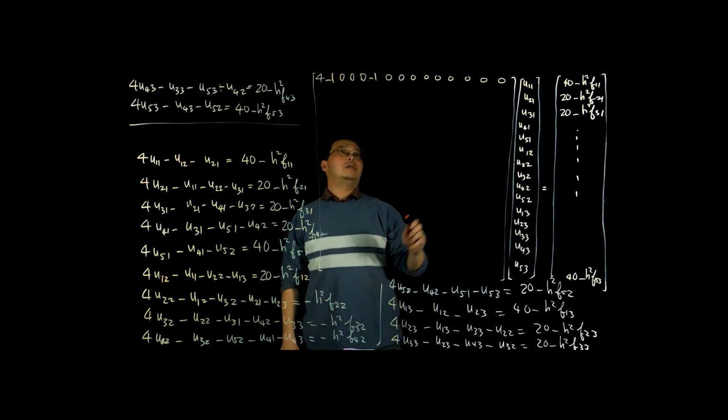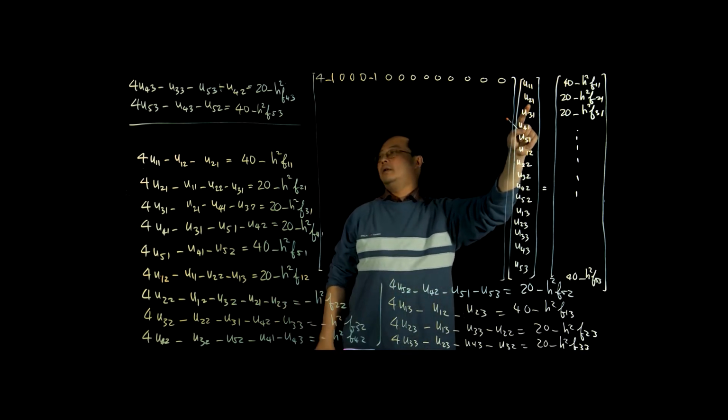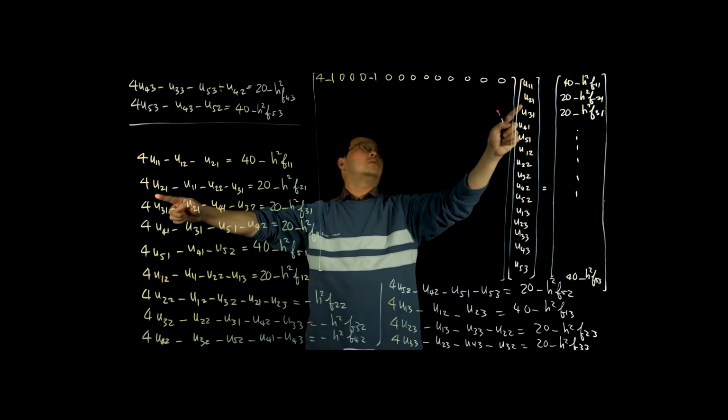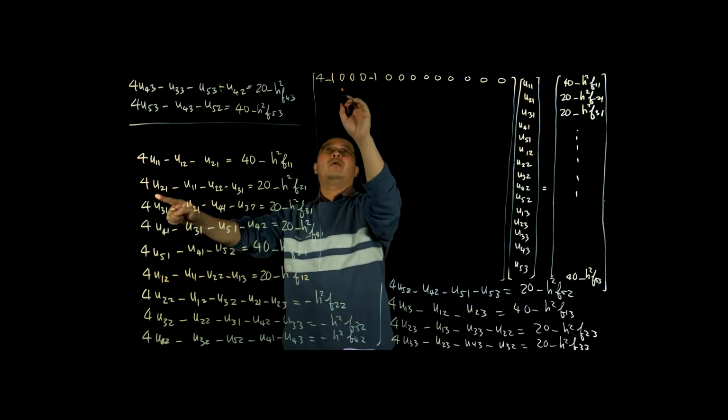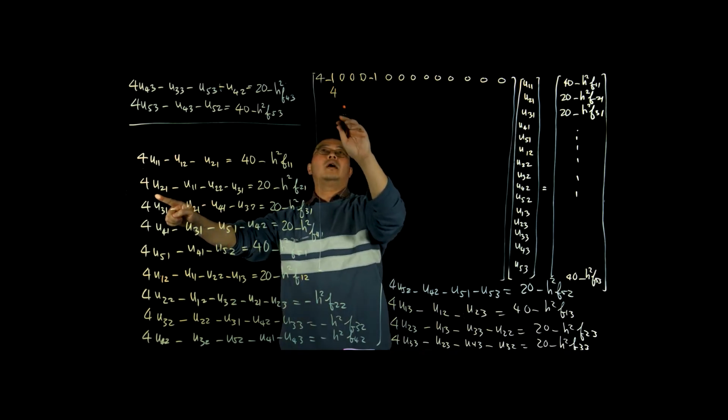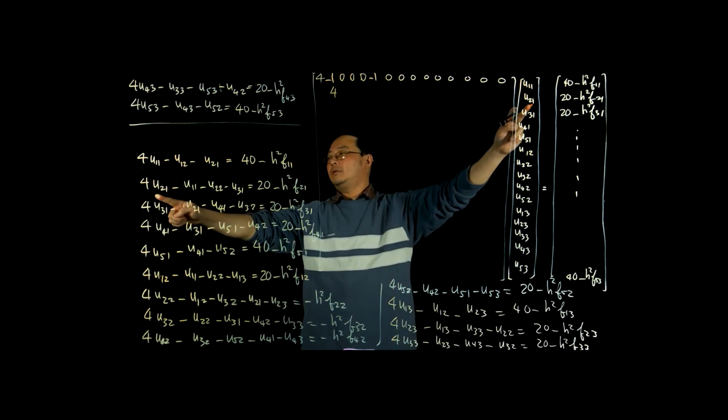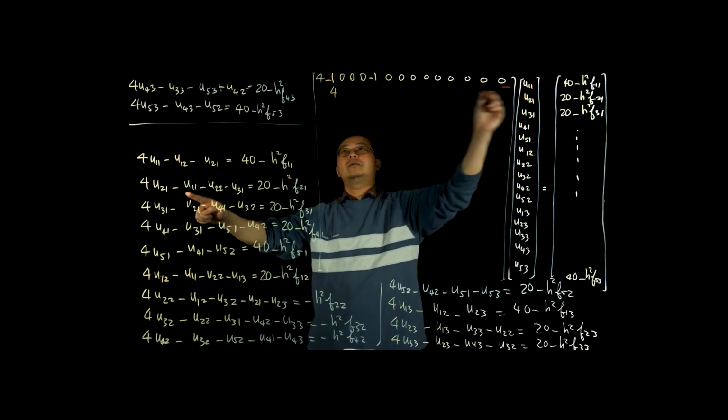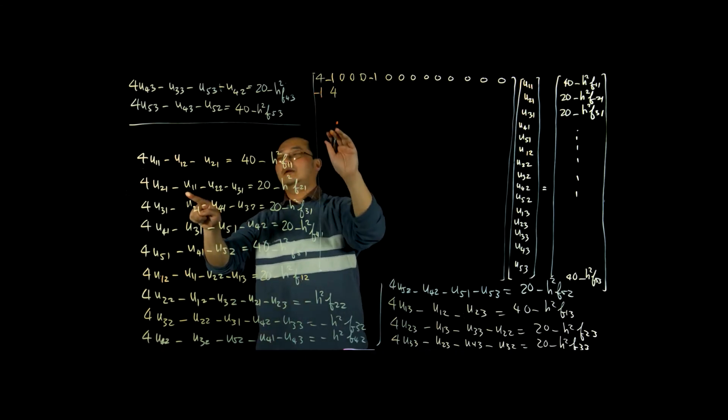And now the next one is U21. So U21 here, we start with 4 here, yeah, at this entry, and then minus U11. U11 is right here, so there has to be a -1 here, okay.